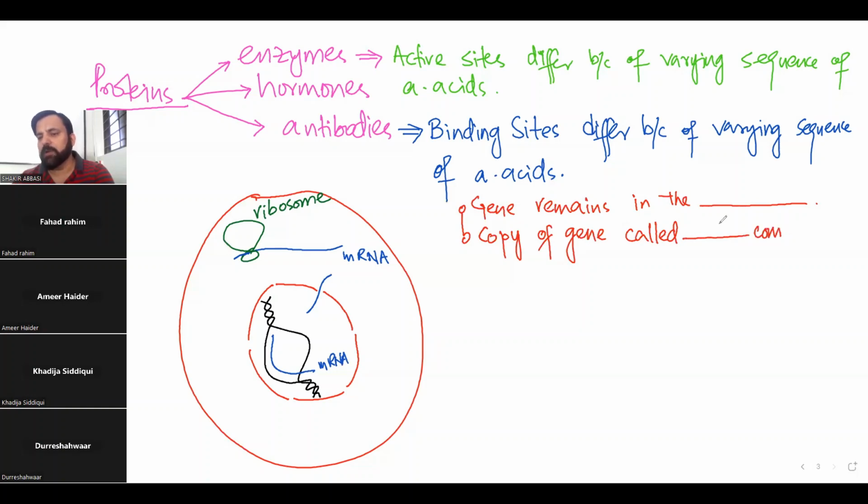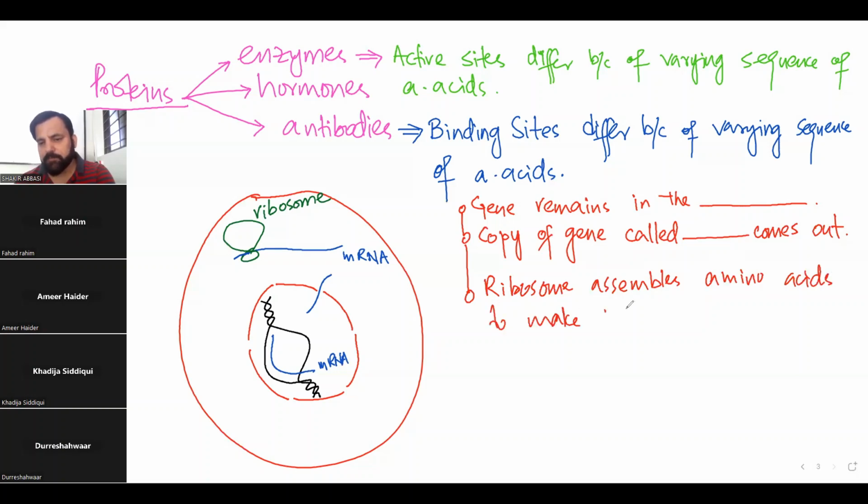For the one above, gene remains in the nucleus. Copy of gene called mRNA comes out. Ribosome assembles amino acids to make a dash. Protein.